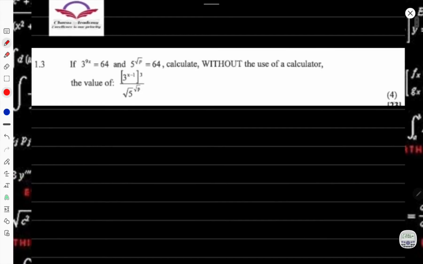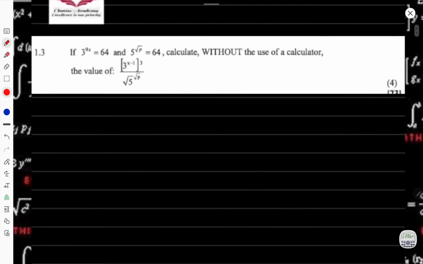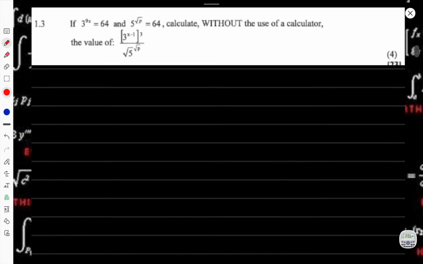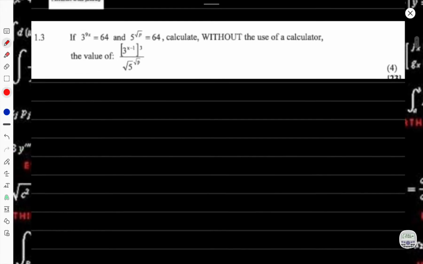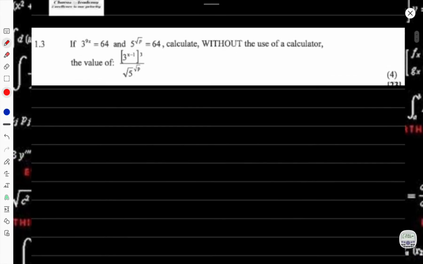Okay, the very first thing we can do is simplify what's inside the brackets on the numerator. Let's see.